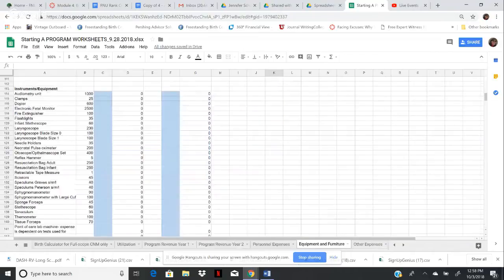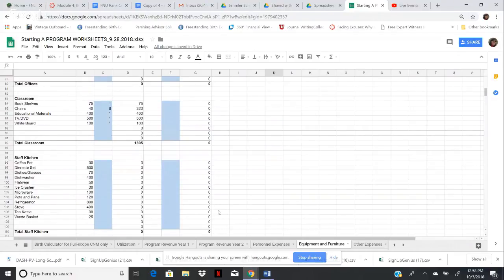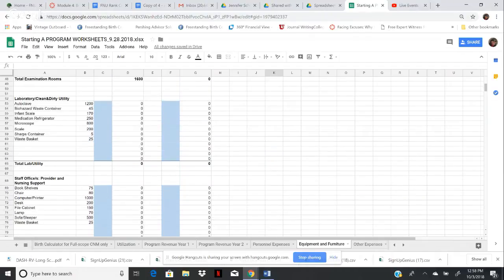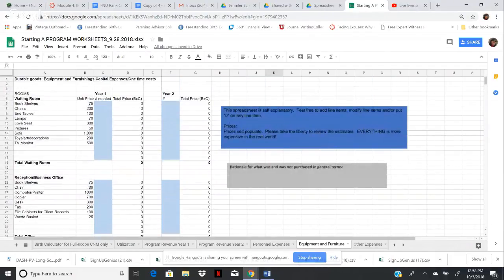The next tab is the equipment and furniture expense tab. This is where you'll figure out any kind of furniture or equipment that you need for your program. It may be that your program is in a classroom environment, and so you have to build out a classroom in your space. So just think about that, and just choose from this.